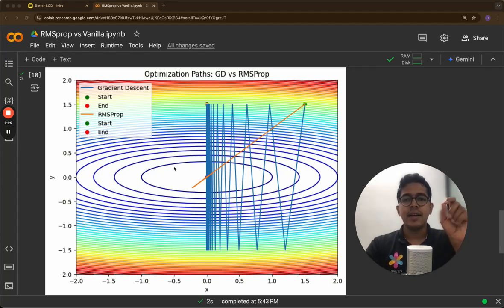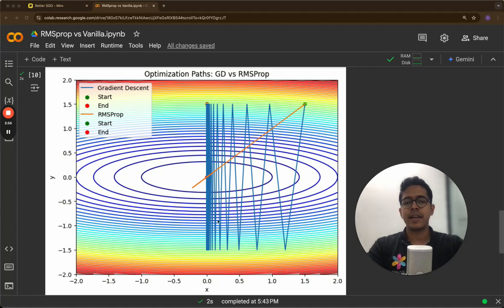In normal gradient descent, which is the vanilla gradient descent, you are moving along the direction of the steepest descent, and you can see that there is oscillation here. The value of y goes from plus 1.5, here it becomes minus 1.5, here it again becomes plus 1.5, minus 1.5.